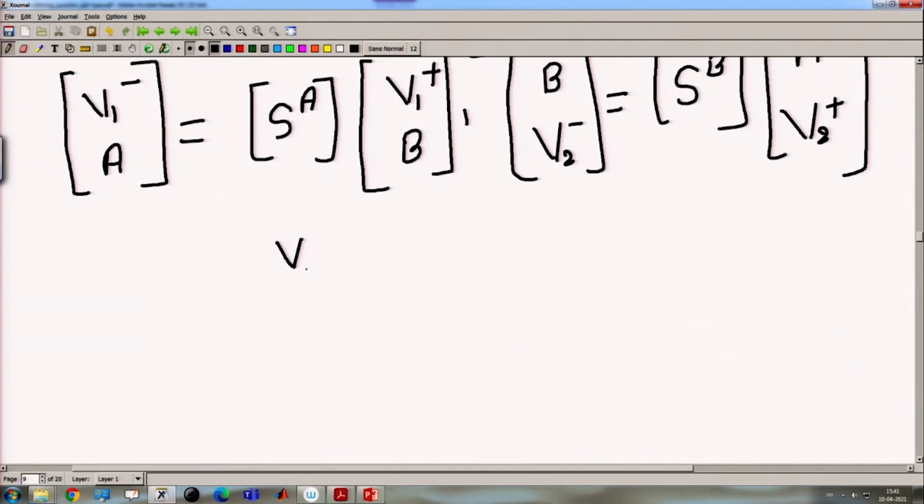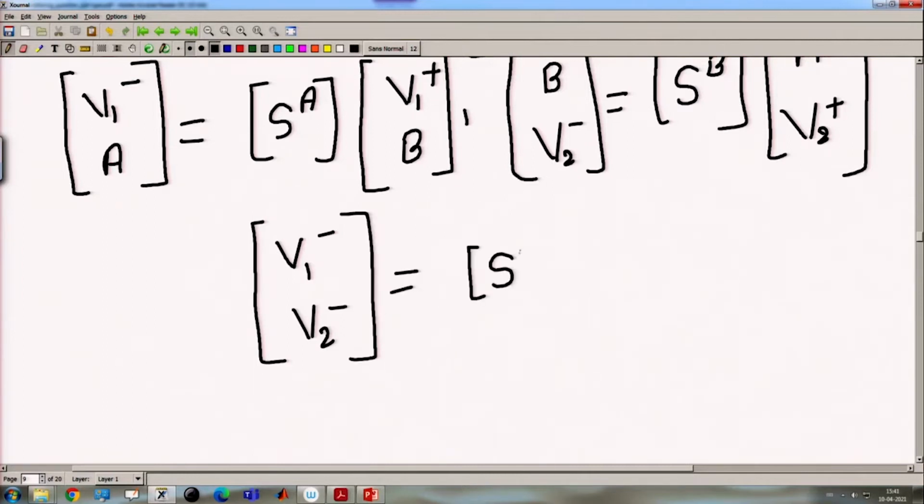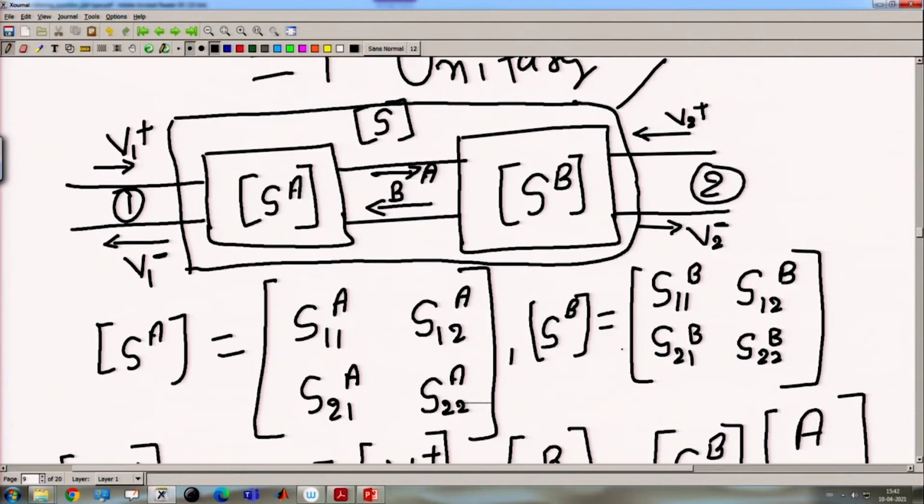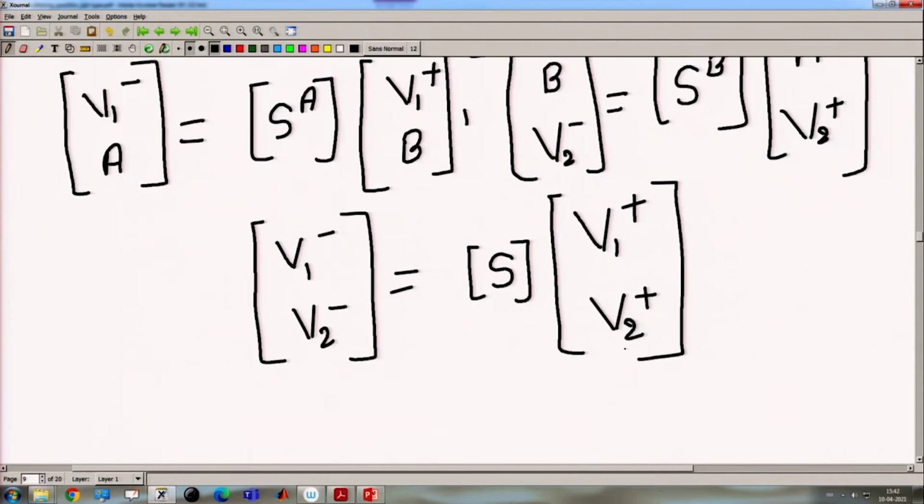For the total we can write V1 minus and V2 minus equal to S times V1 plus and V2 plus. Here V1 minus is the first reflection and V2 minus is the second reflection. Similarly, V1 plus is the first incoming and V2 plus is the second incoming.